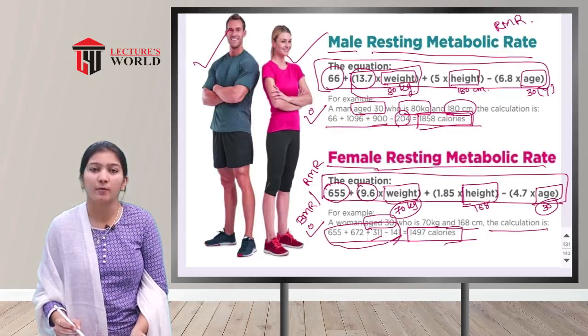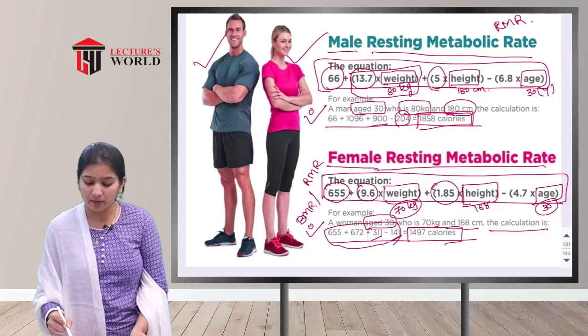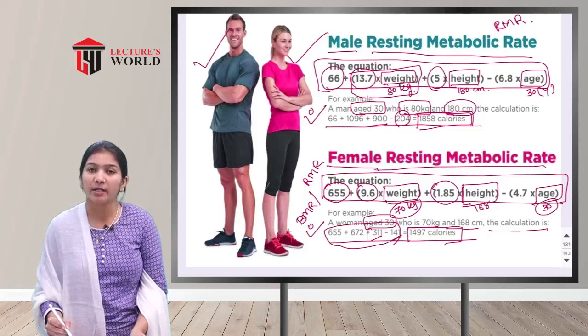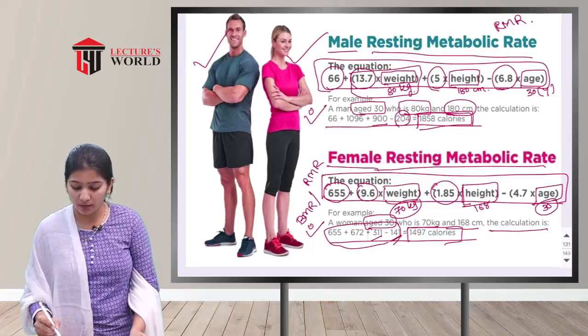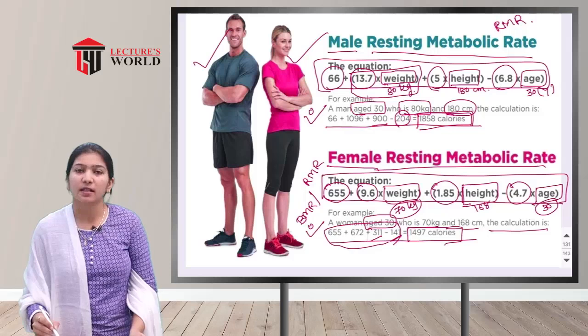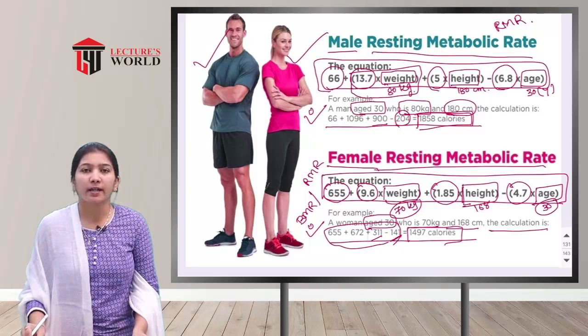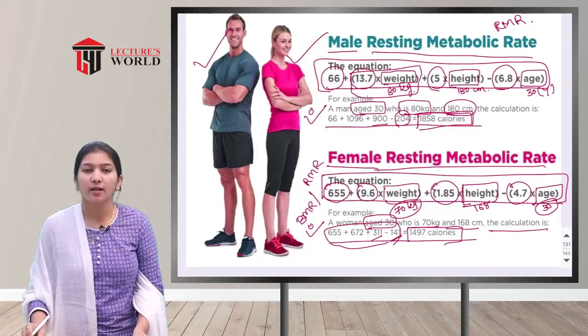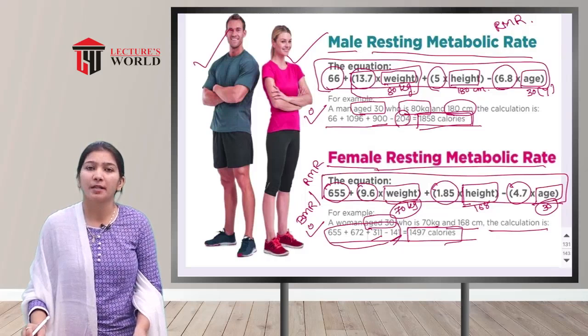In the height bracket you get the difference, 5 and here 1.85, and in the age bracket, in the males it is 6.8 and in the females 4.7. So this is the male resting metabolic rate and the female resting metabolic rate, or in short, the calculation formula of basal metabolic rate for both males and females.